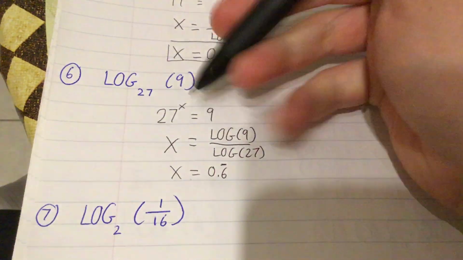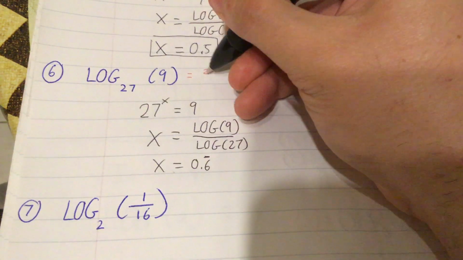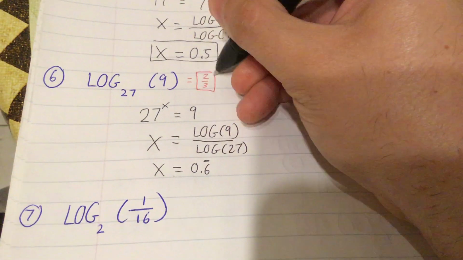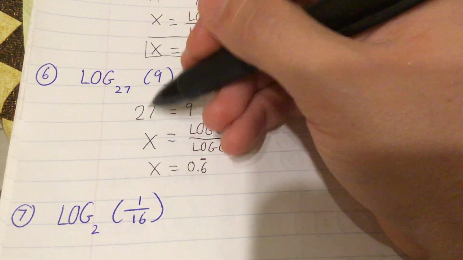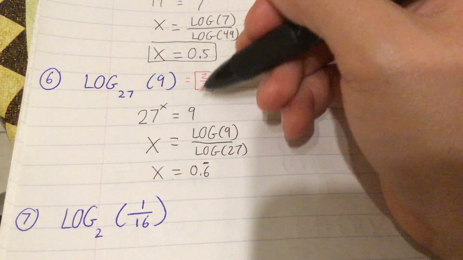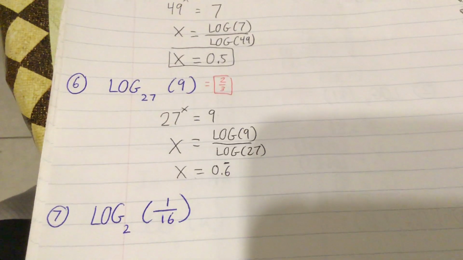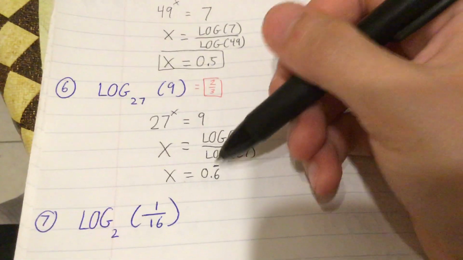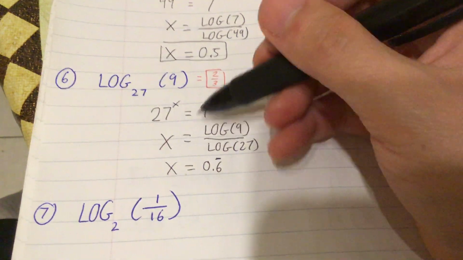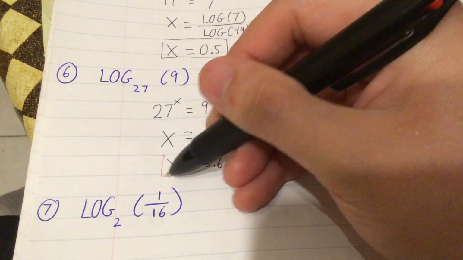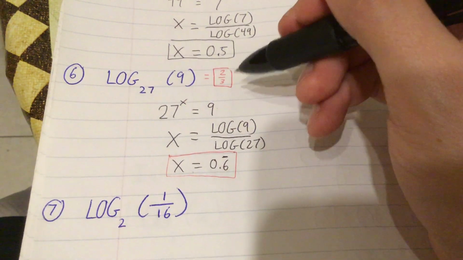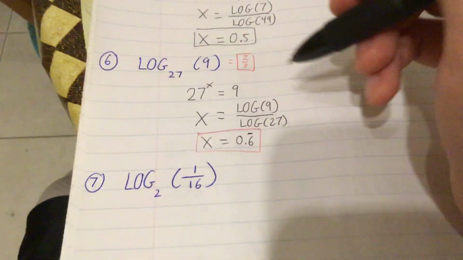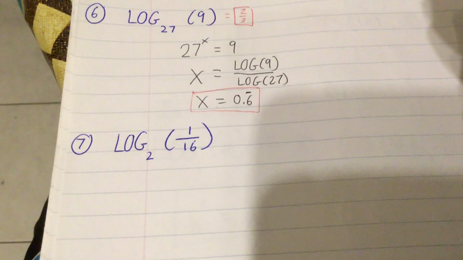So 27 to the 2/3 power is 9, because the cube root of 27 is 3, and then 3 squared is 9. If it ends in a decimal, you can write it as 0.6 repeating, but please indicate that it is repeating. But I would prefer a fraction if you can. That'll strengthen your knowledge really quick.